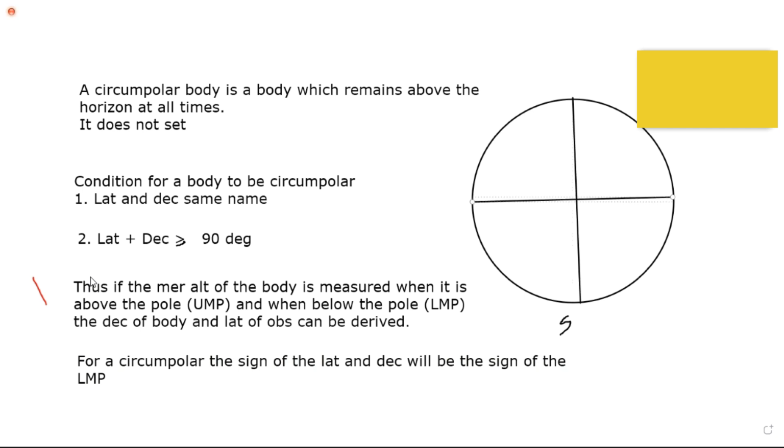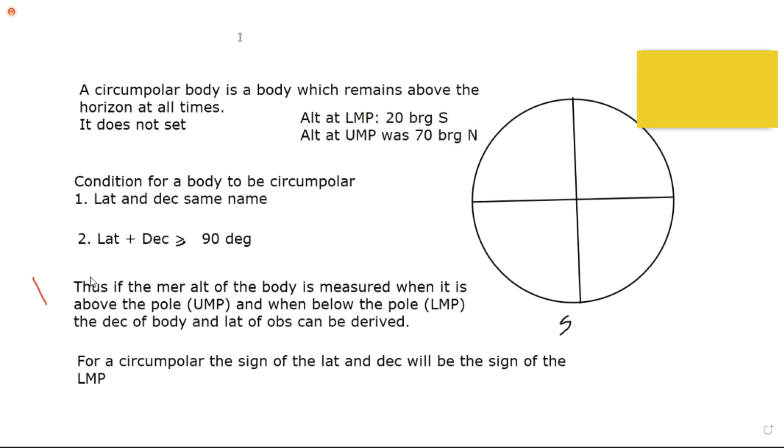Now you don't know anything, but you know that the lower, so here I will do one more. Say LMP instant, altitude at LMP was 20 degrees bearing south. Altitude at UMP was 70 degree bearing north.